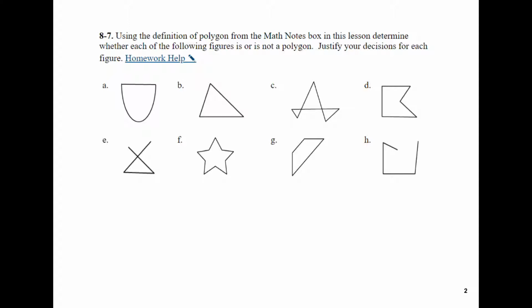So when we think about the definition of a polygon from our math notes box, they stated that a polygon is a two-dimensional figure made up of straight lines, and those lines connect end to end.